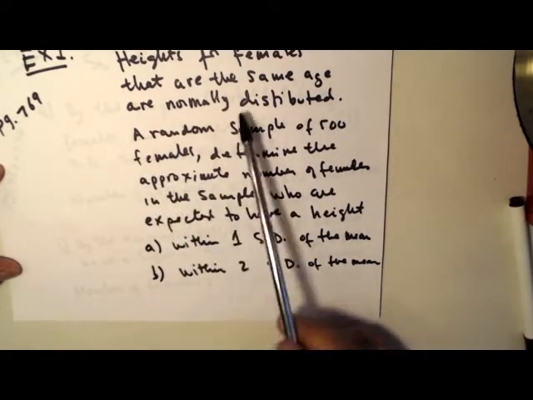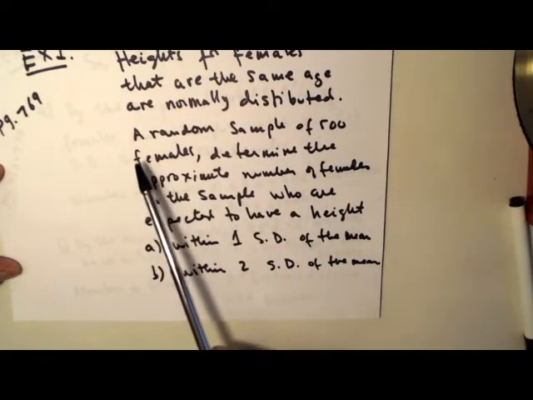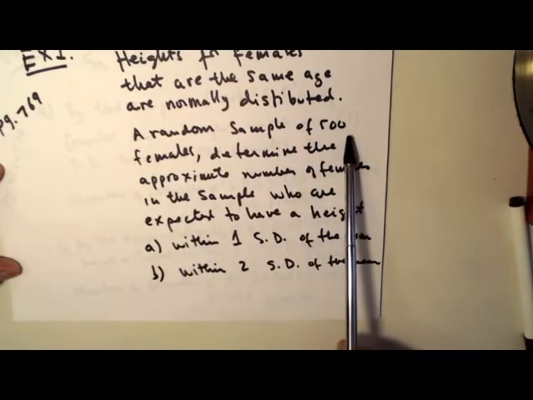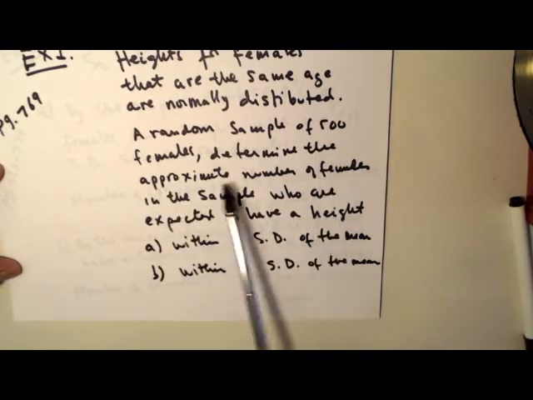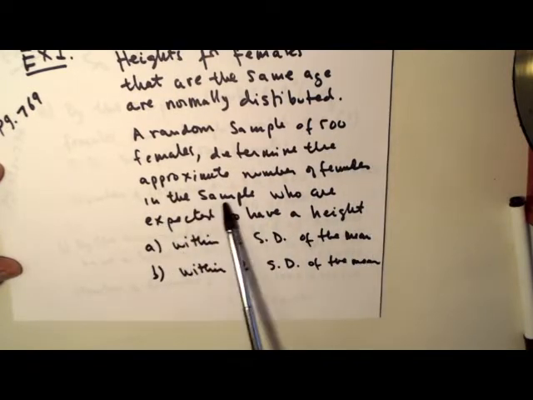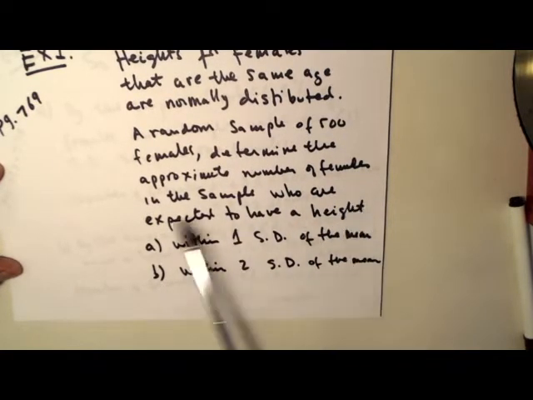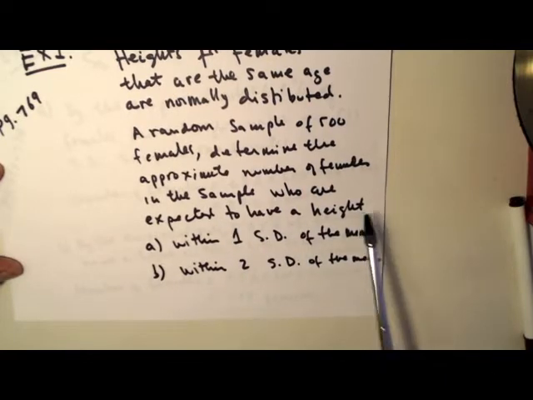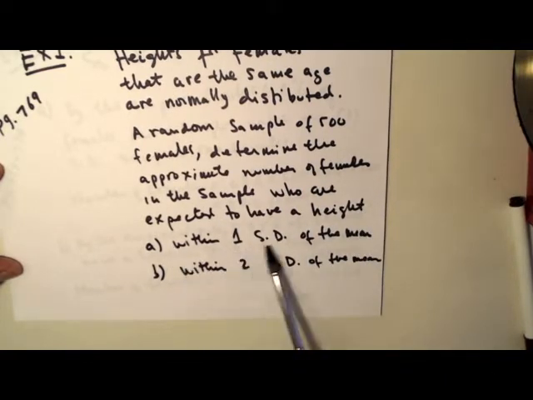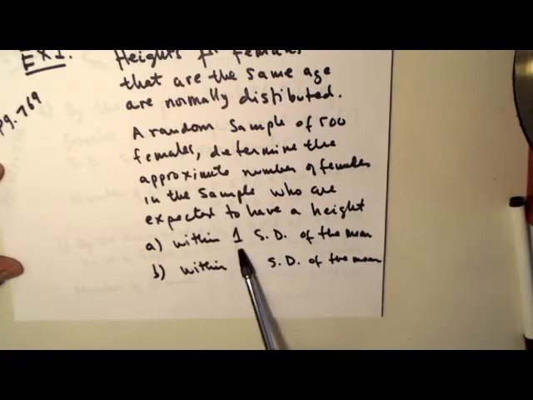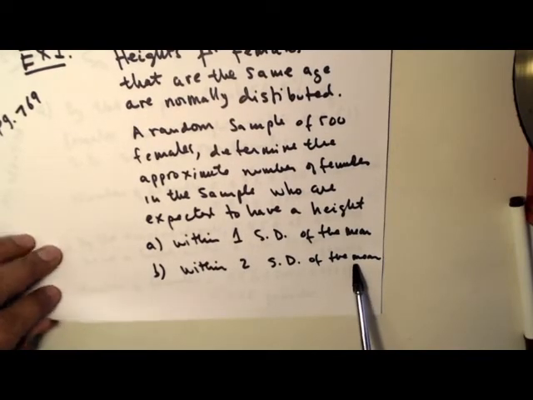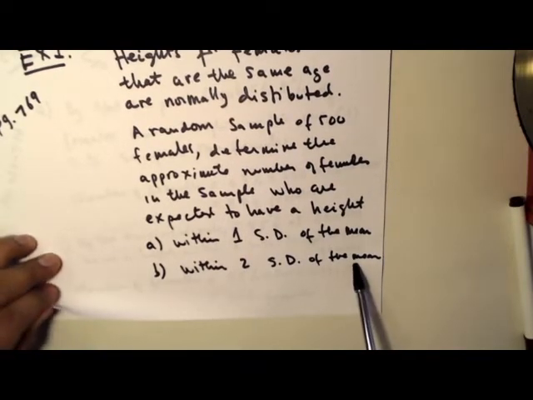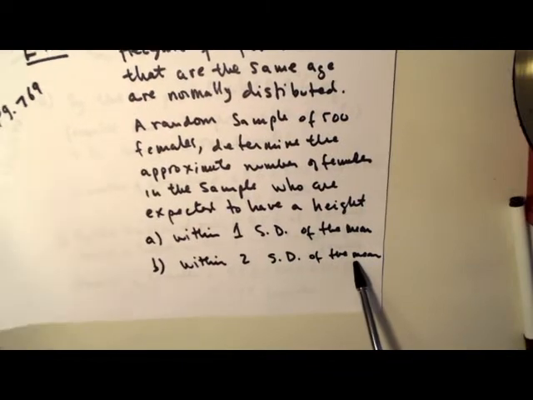It says a random sample of 500 females. Determine the approximate number of females in the sample who are expected to have a height, and then they tell you, A, within 1 standard deviation of the mean, and B, within 2 standard deviations of the mean. So basically, we need to use the empirical rule to calculate this problem.